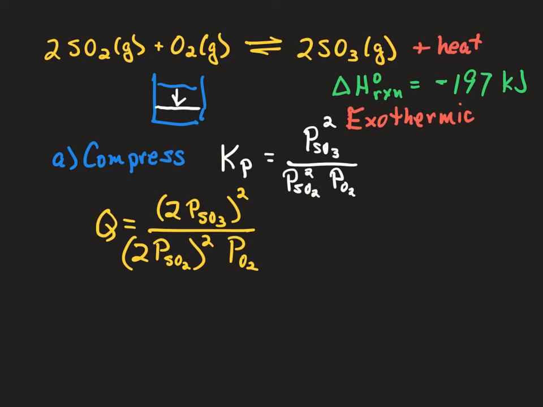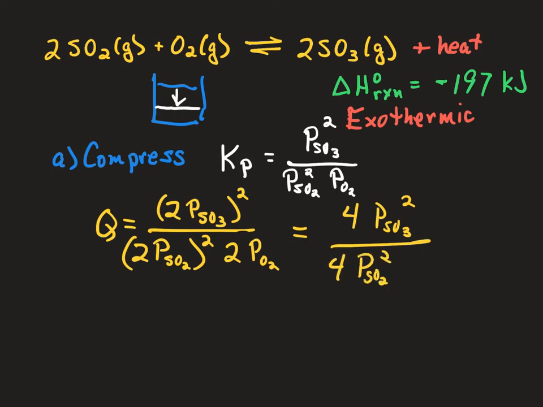And I have to remember this: the pressure of oxygen would be doubled too, so 2 times the pressure of oxygen. But we don't have to square it. If we expand this, we have 4 times the pressure of sulfur trioxide squared divided by 4 times the pressure of sulfur dioxide squared times 2 times the pressure of oxygen.